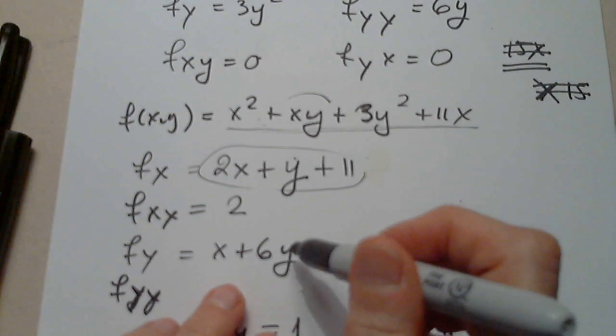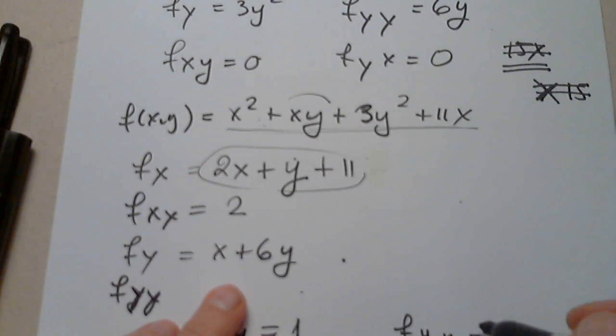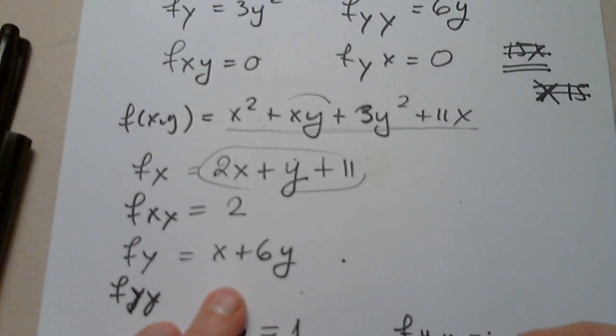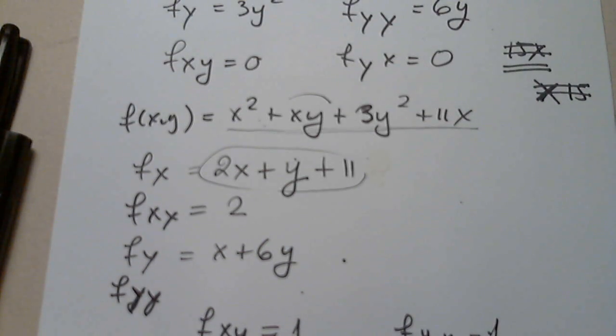Perfect. Now I can differentiate this with respect to x, because I have already differentiated with respect to y, and now the next step is to differentiate with respect to x. What do I get? And it has to be the same thing. One. That's it. Good.